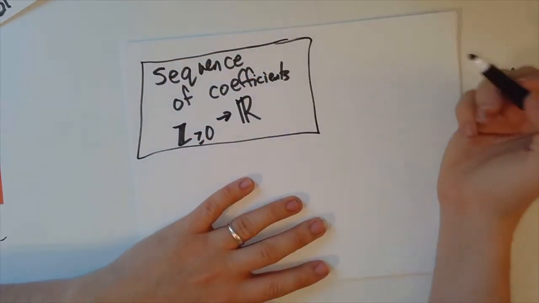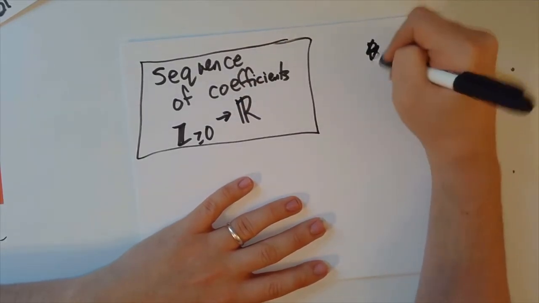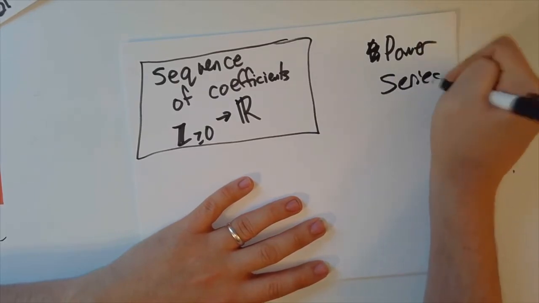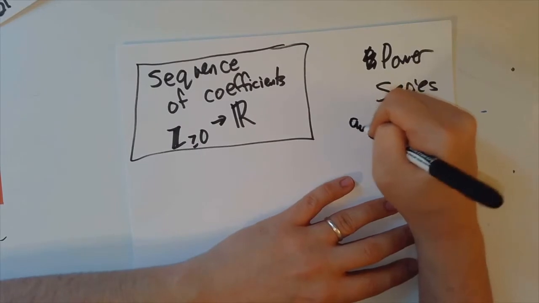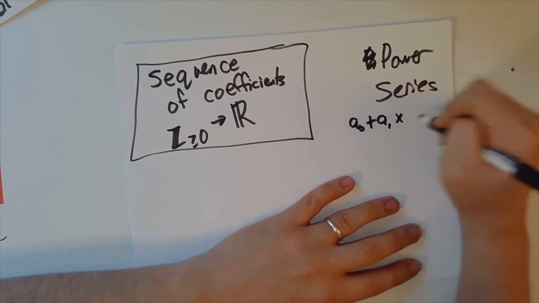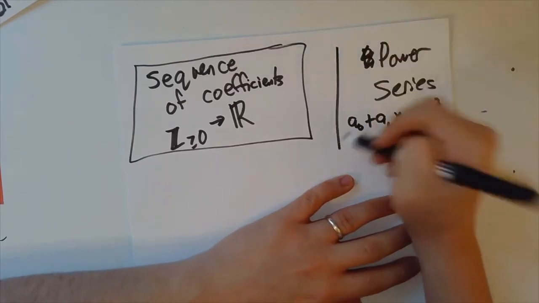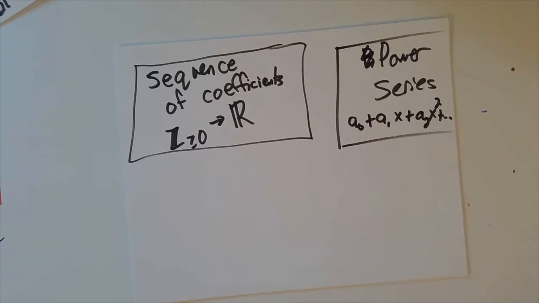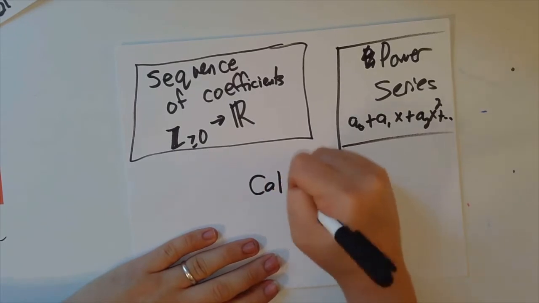On the other hand, we have power series. These are those things that look like some number a0 plus some number times x plus some number times x squared plus dot dot dot. So that's our power series. And finally, we have our calculus-y functions.